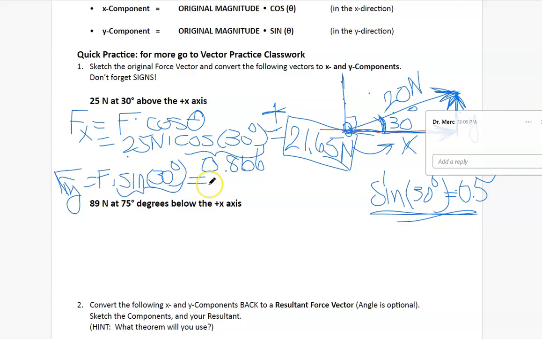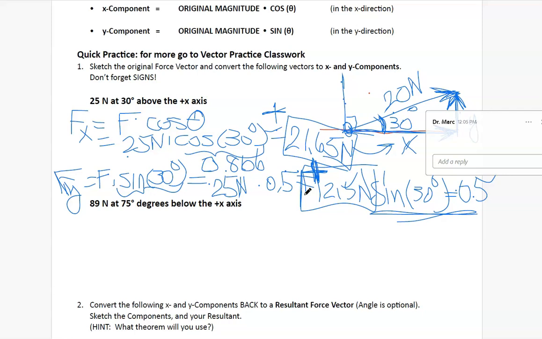So it's 25 newtons times 0.5, in other words, half of that. So half of that is 12.5 newtons. And since it's pointing up, we assign a positive direction to that. And that completes that particular problem.